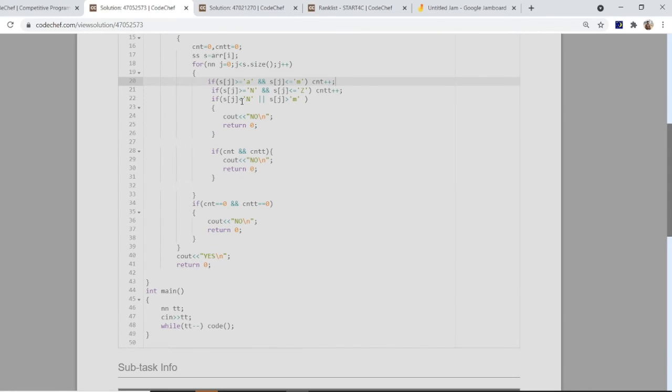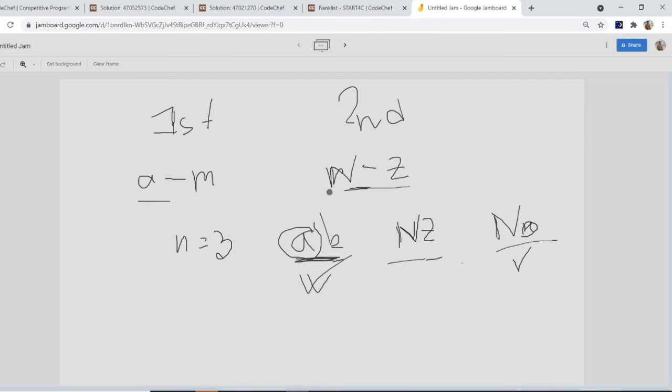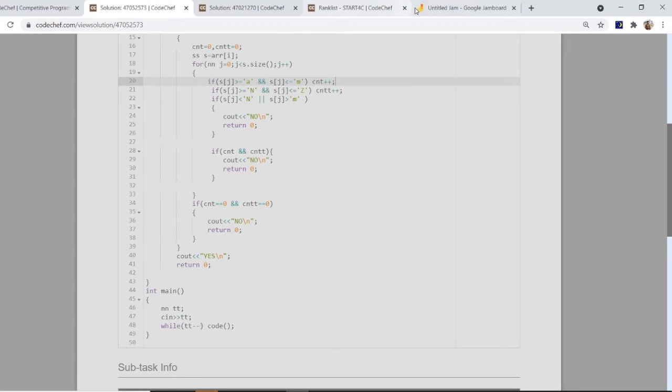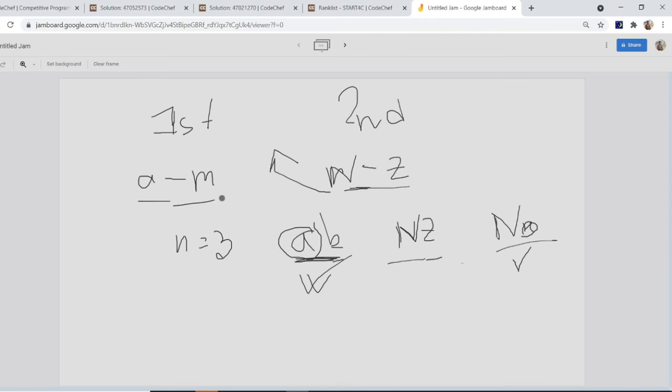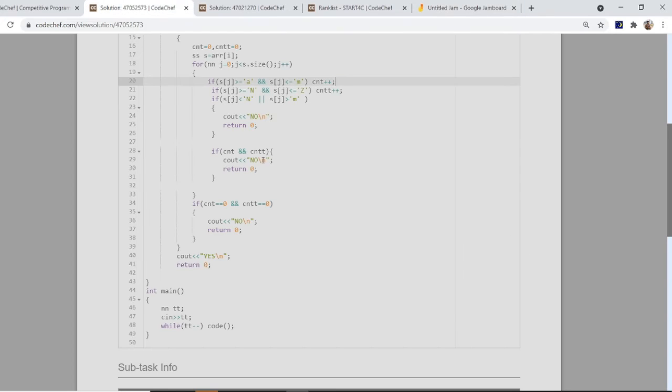If the character is less than n, and also greater than m, that means it is out of this category, then I don't check any other option and print no. But if there is no such condition, then I check if both the CNT and CNTT values are greater than 0.